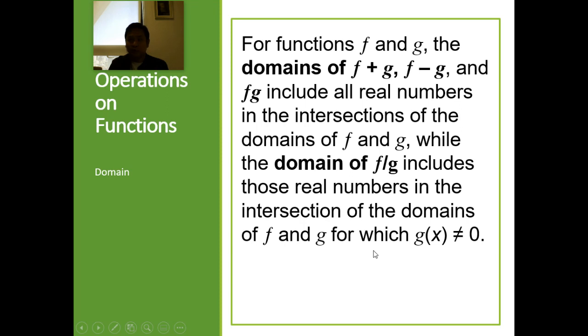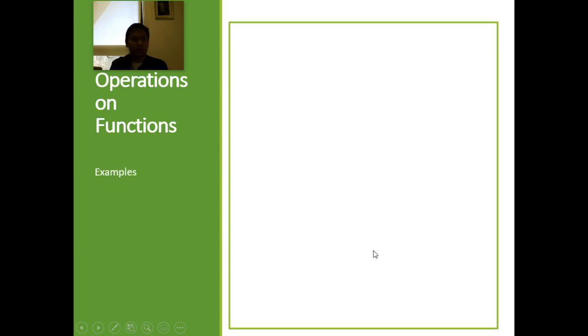But for quotients, because we have that restriction where the denominator cannot be zero, we have to make sure that we do not include values for x that makes the resulting quotient of f with g have a denominator of zero. So to illustrate this further, let's look into examples.